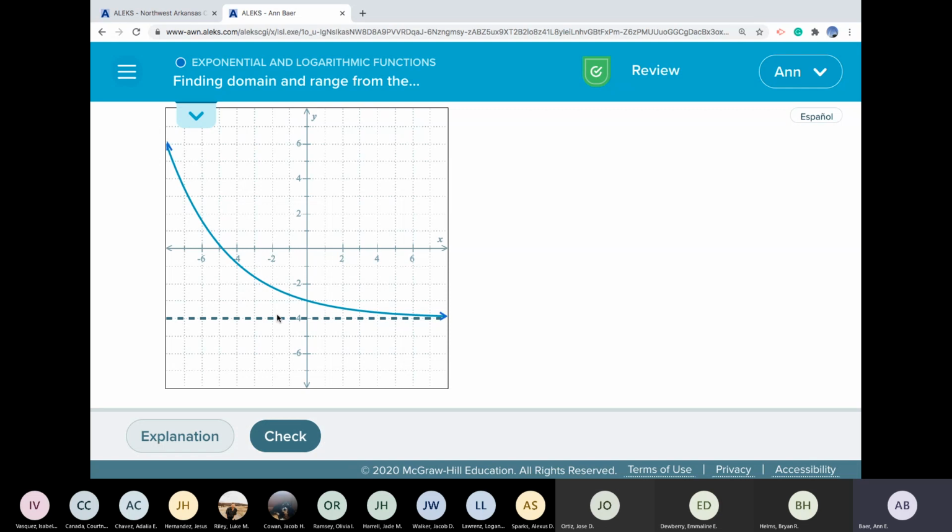The first spot that we see a point on our graph that we could trace over to the y-axis is out here. If we trace that over to the y-axis, it's just a hair above this -4. So -4 is definitely going to come into play.